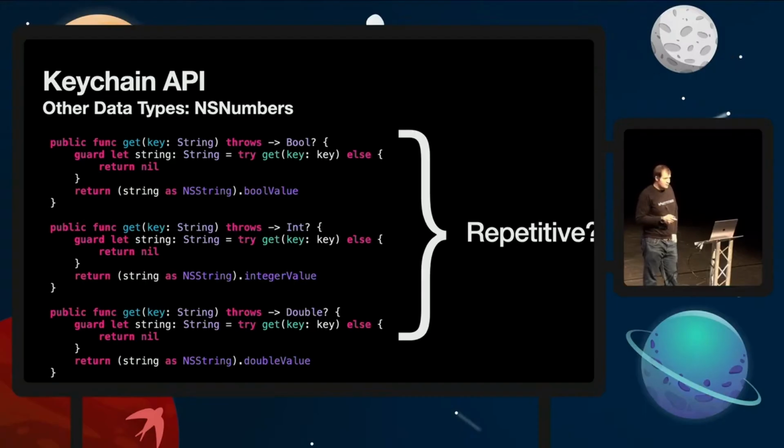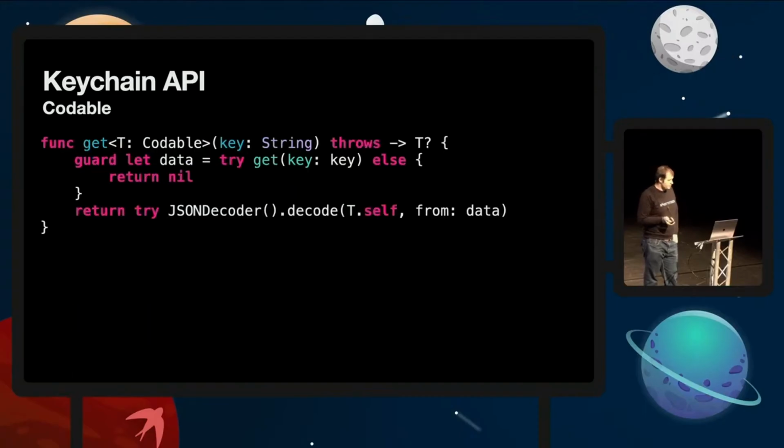Of course there is. Another approach is using Codable. We just write one method instead, which is specialized over T, type T, and then we pass that type to the decode function instead of using a specific type.